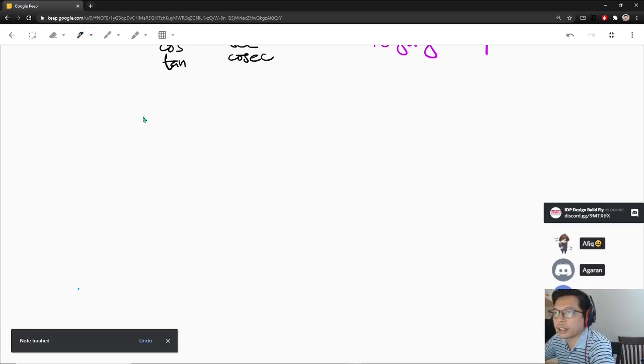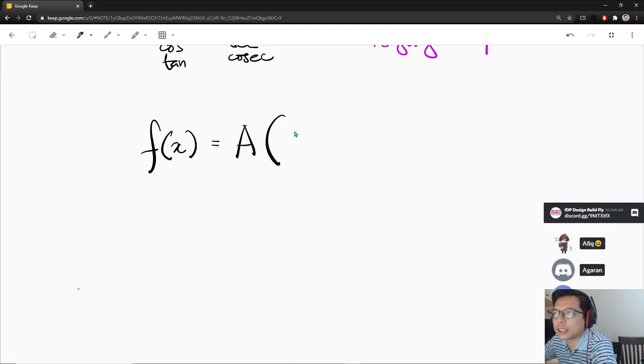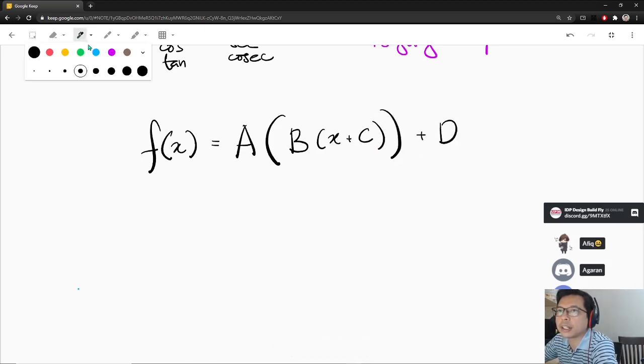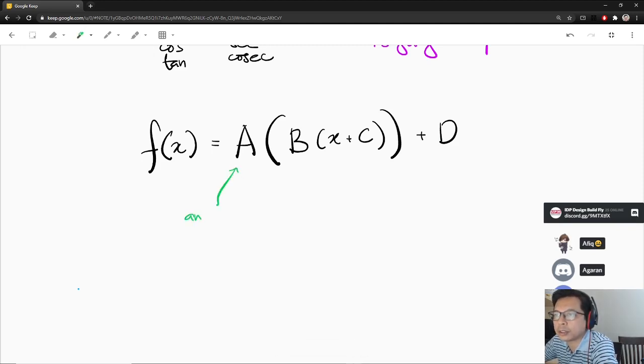So for functions f(x) equals a times sine of b times (x plus c), and then this whole thing plus some number d. This one, a, is called the amplitude. This b will affect the period.